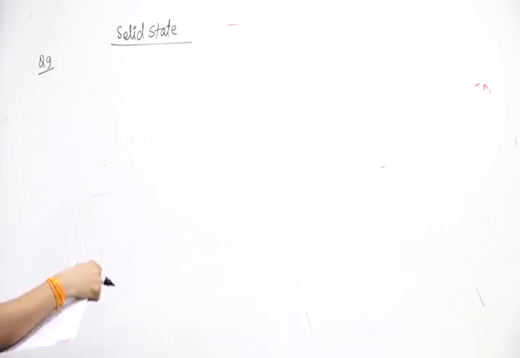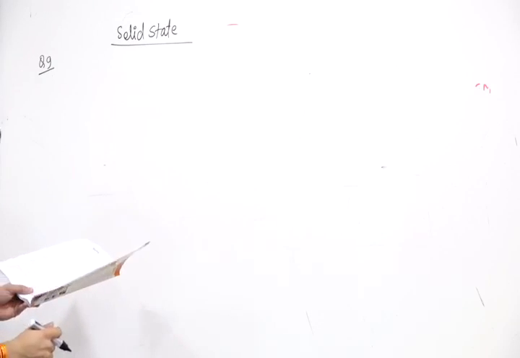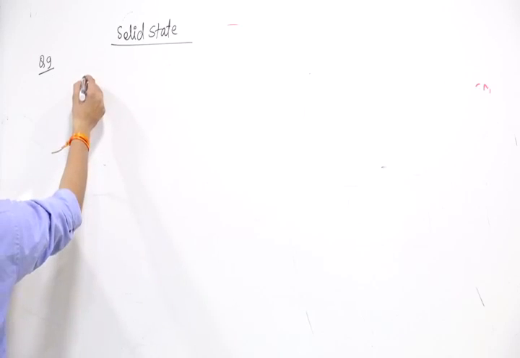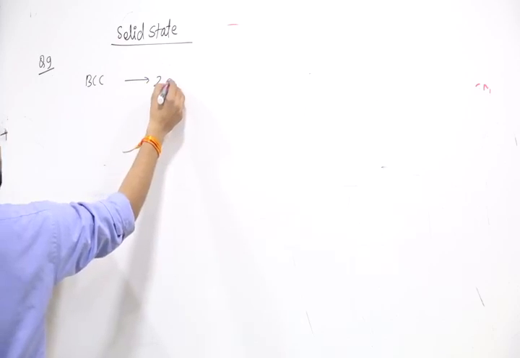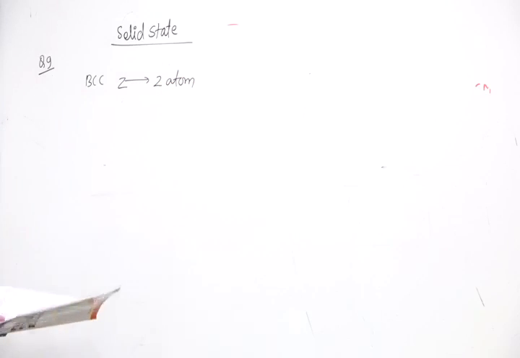An element occurring in BCC structure has this unit cell. The total number of atoms of the element in this cell. Okay, so BCC, one unit cell contains 2 atoms, because Z is equal to 2 in BCC.